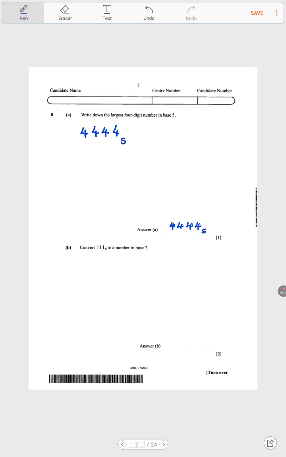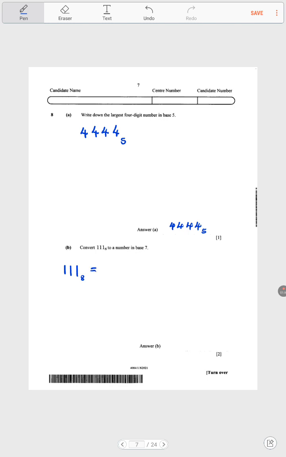Okay, number 8 part B, it says convert 111 base 8 to a number in base 7. So the first thing that you need to do is to expand this number as if you are expanding a number in base 10, which is also the way to convert a number from any other base to base 10.